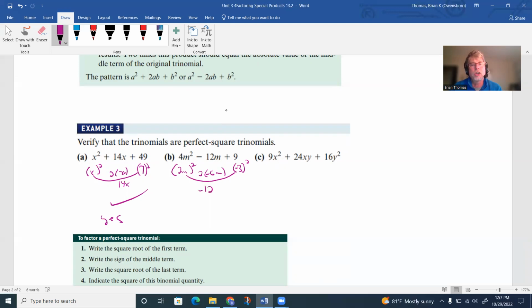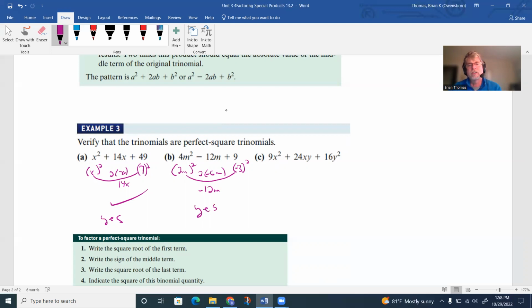Remember, you could be squaring a positive number or a negative number to get that 9. So technically, to get that middle sign of a negative, that last term was actually a minus. So in other words, we need a negative in that last term position. So that is also an example of a perfect square trinomial.